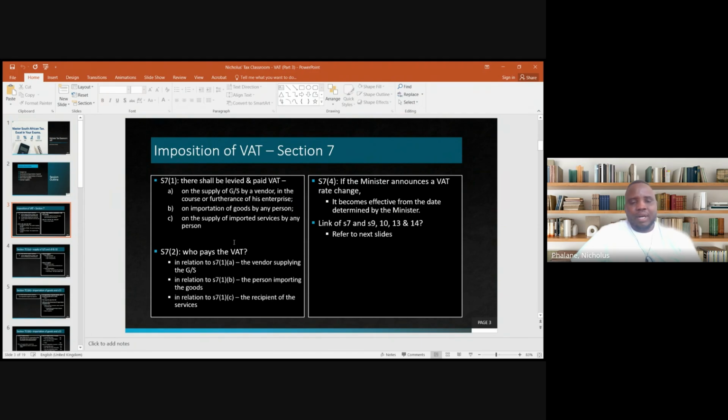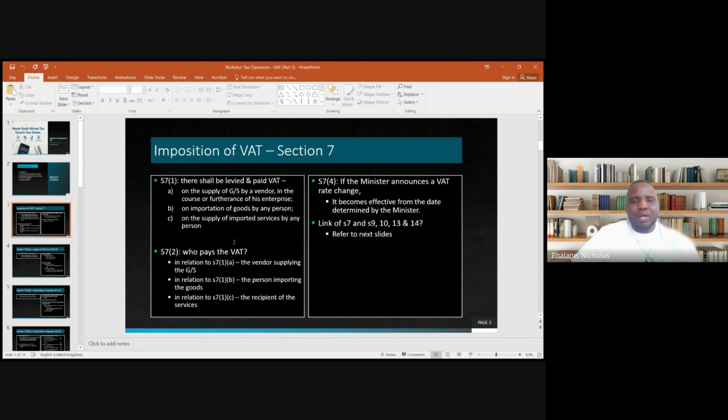Firstly, whenever you see that there are services being imported into SA, don't just automatically say there is going to be VAT on these services that has to be paid over to SARS. You have to firstly ask whether these services being imported are imported services as defined in terms of the VAT Act. Then you need to go to the definition.